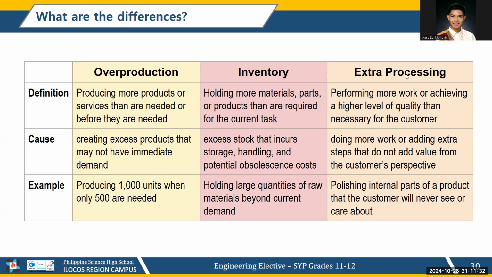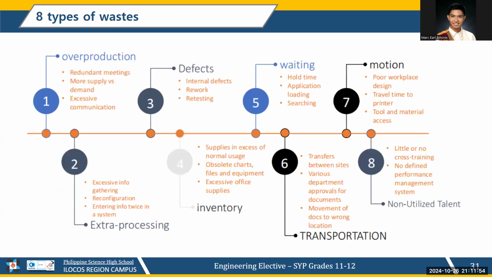And in terms of extra processing, since we are talking about the work performed, ibig sabihin nito, if you are doing more work or adding extra step than what is required, meron kang extra processing, which is not necessary. Here are the other examples of the different types of waste.